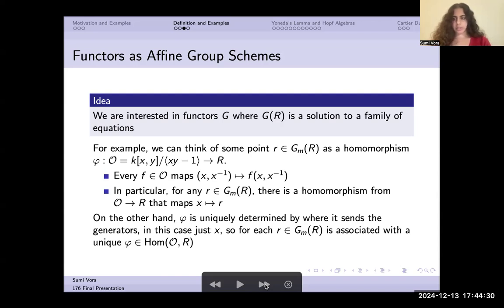Because once you tell us where phi sends x, you have already decided where phi sends all the rest of the elements, because x is the only generator. So again, the point is that we see that the homomorphisms from O to R is isomorphic to G sub M of R in this case.